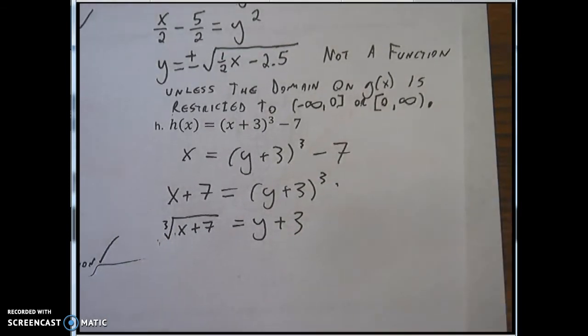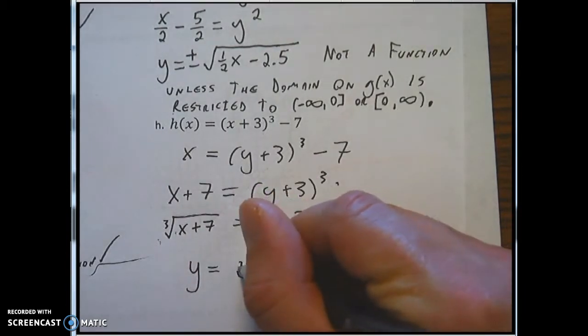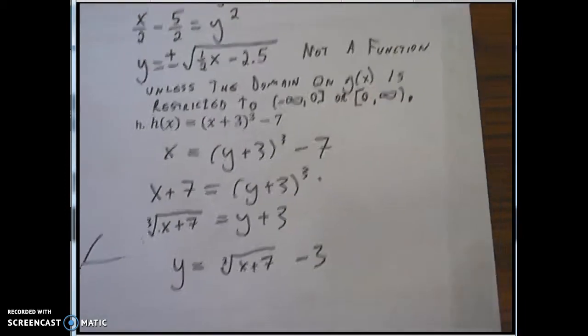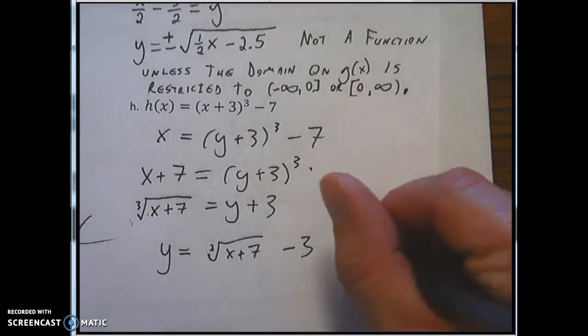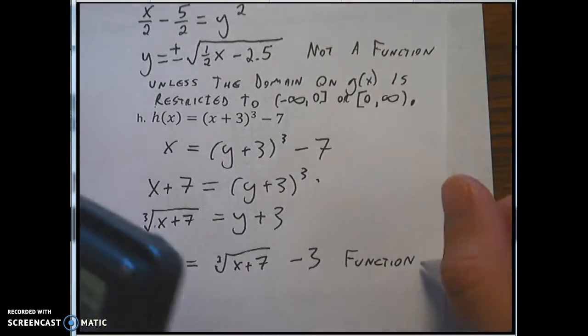The last step, though, is to go ahead and do y equals the cube root of x plus 7 minus 3. Well, that is a function. We can graph that. If you don't believe me, I will graph it.